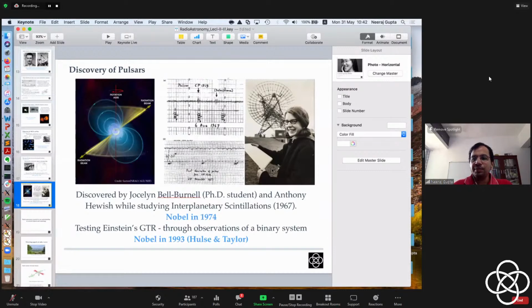In looking for explanations for these pulses, they looked at various physical processes at that time, and they eliminated most of the astrophysical sources of radiation, such as stars and other things, right? They also ruled out man-made radio frequency interference because it was keeping to sidereal time. And they also observed with some other telescope, thinking, okay, maybe my telescope has some problems, so let us try another telescope.